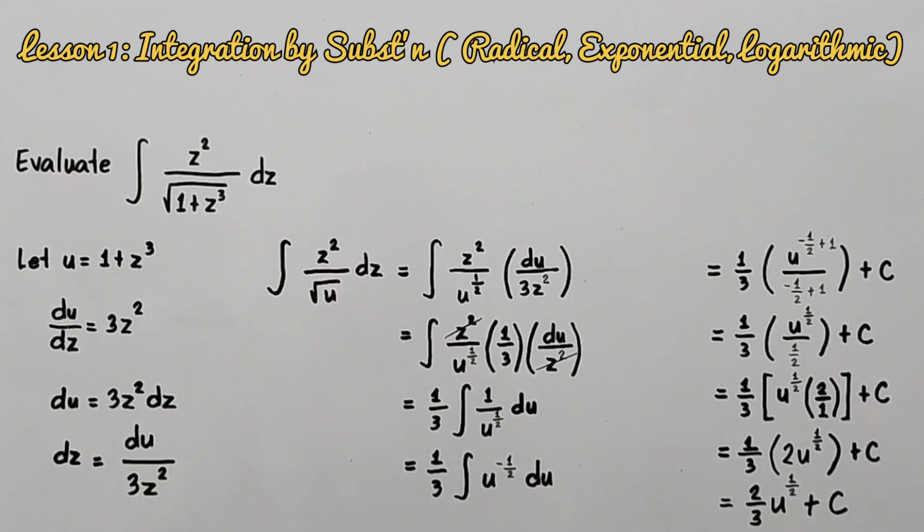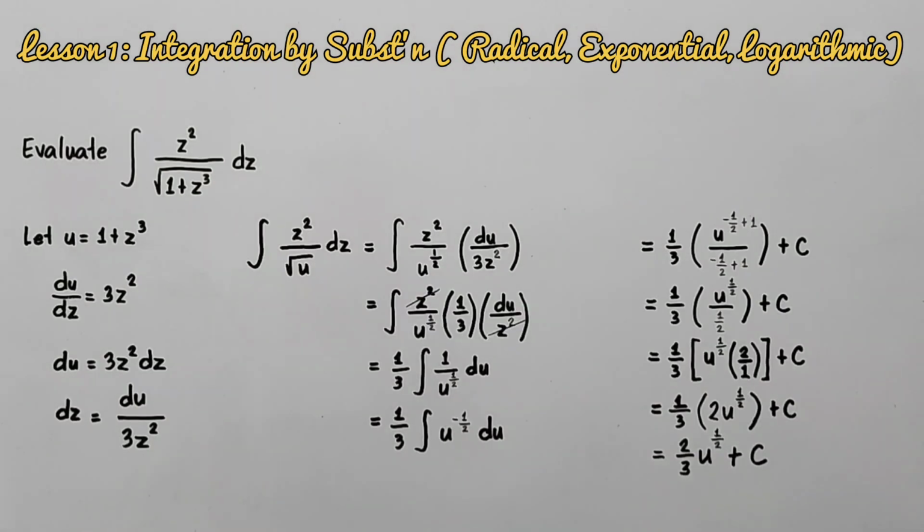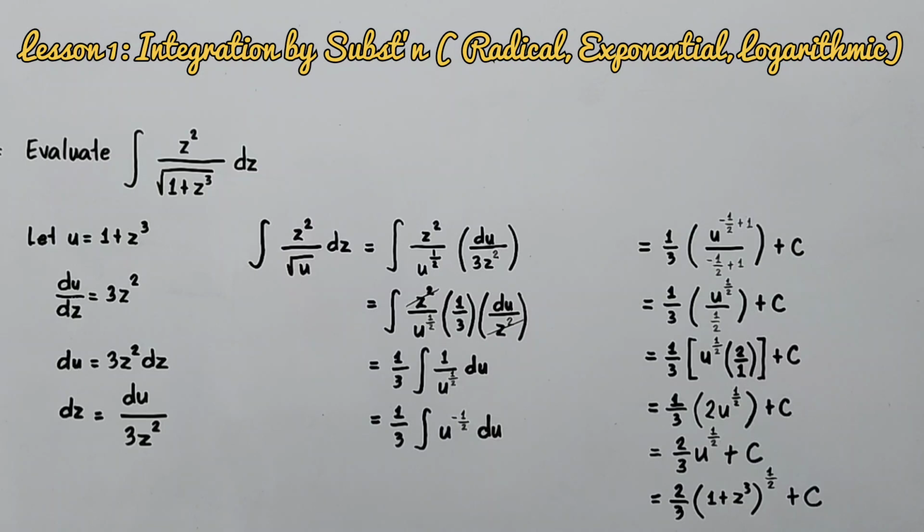Multiply that to u power 1/2. That becomes 1/3 times 2u power 1/2 plus c. Multiplying 1/3 and 2u power 1/2 is equal to 2/3 u power 1/2. We will now plug in the function u equals 1 plus z cubed. That's why our answer is 2/3 times the quantity 1 plus z cubed, power 1/2, plus c.